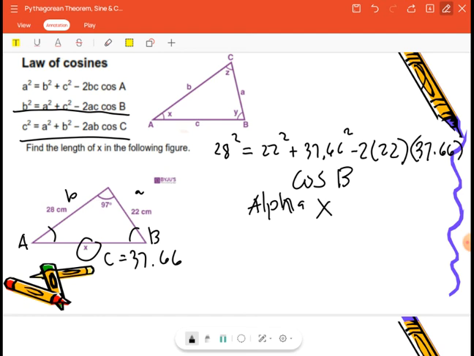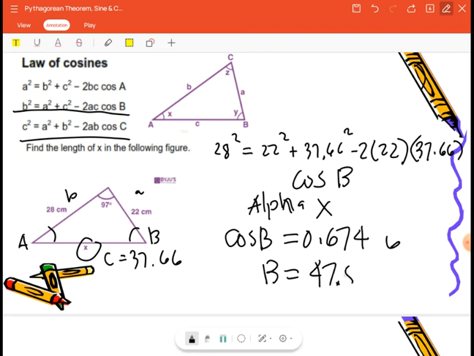Ang lalabas ay na cosine value ng B is equals to 0.67486. Yan, at that would be equals to shift cosine of 0.67486, and that is equals to 47.56 degrees.